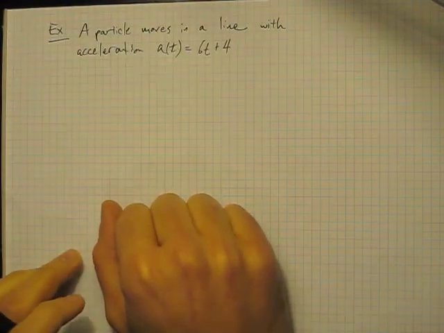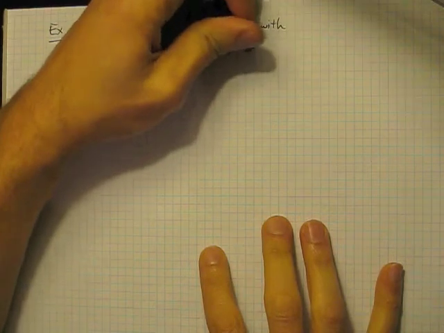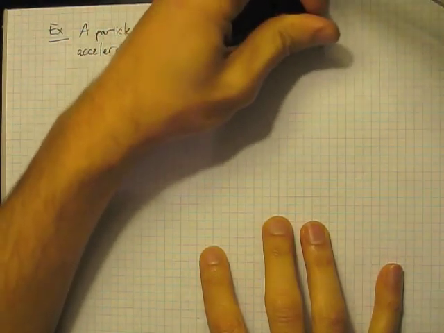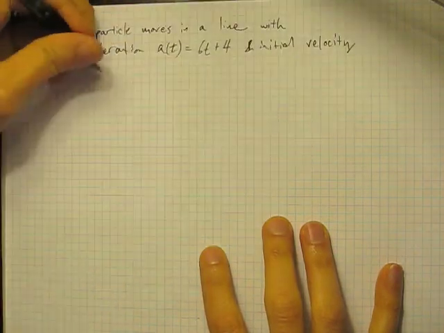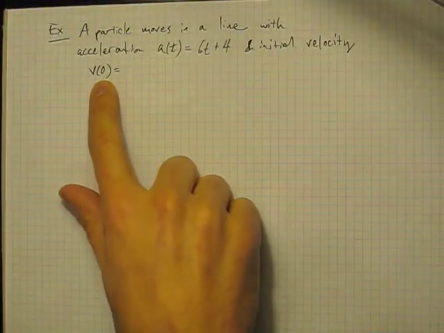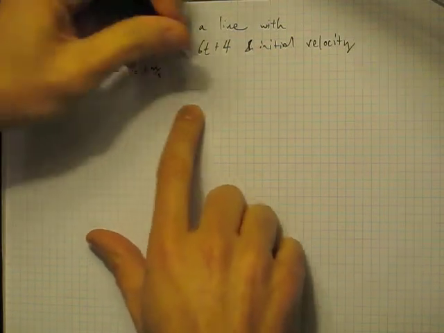okay, and initial velocity. So initial velocity means at time 0. Its initial velocity, let's say, is minus 6 centimeters per second.